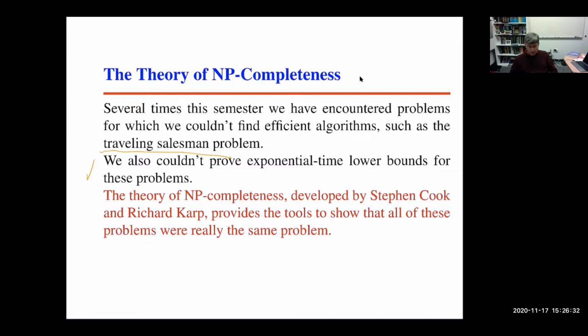What the theory of NP completeness does, it gives us a way to show that seemingly different problems are really the same thing, okay? And so if they're the same problems, if you could solve one, you could solve the other. If you can't solve one, that means you can't solve the other, okay? And that is the basic idea behind NP completeness.